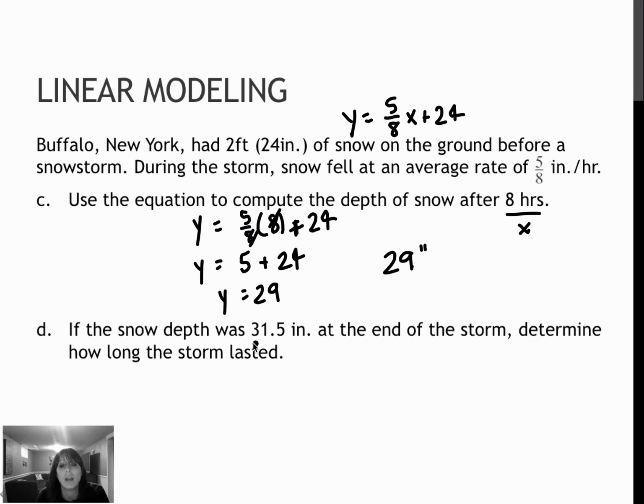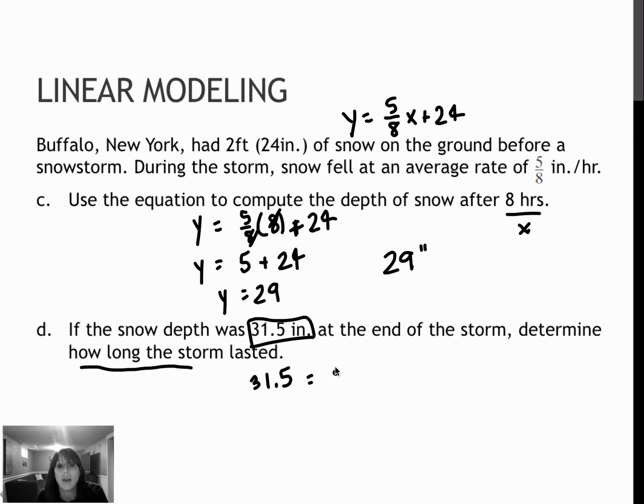For the second one, notice they don't give me hours, they give me snow depth. And so for the second one, I'm still using this equation to predict, but I'm replacing y with 31.5 because they're giving me snow depth and they're asking me to find how long the storm lasted, or how many hours, x.